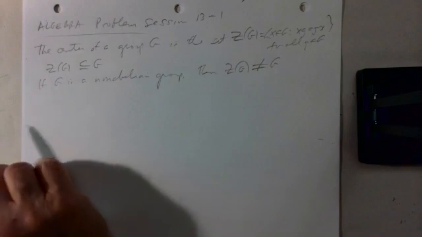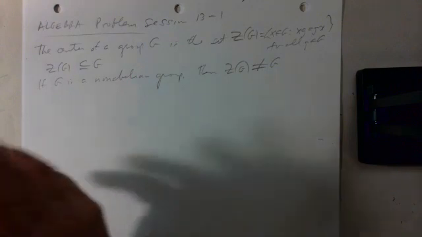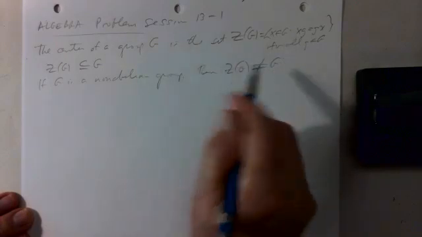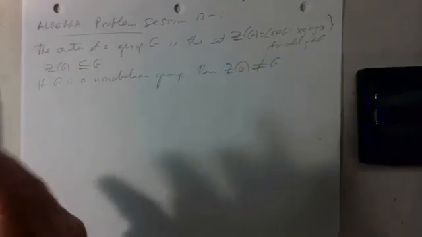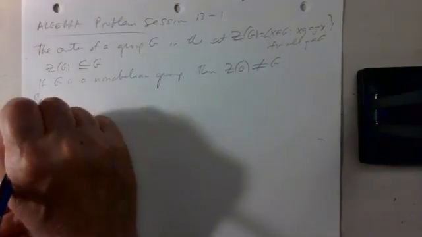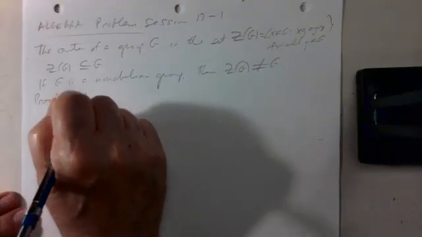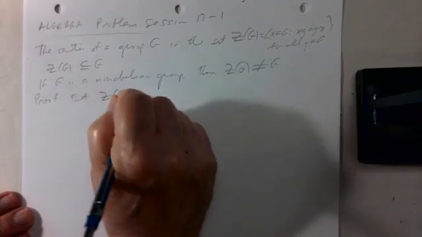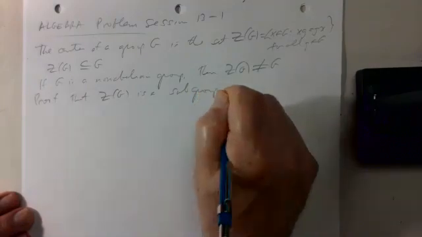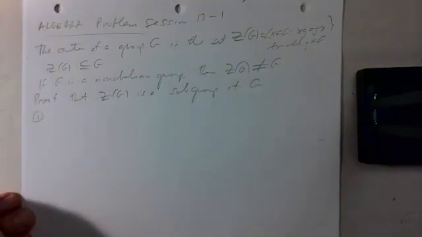So if G is not abelian, then the center is a proper subset of G. So it's not obviously a group. It requires a proof. So proof that Z of G is a subgroup of G.